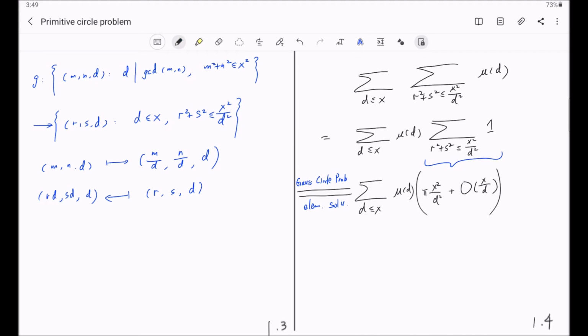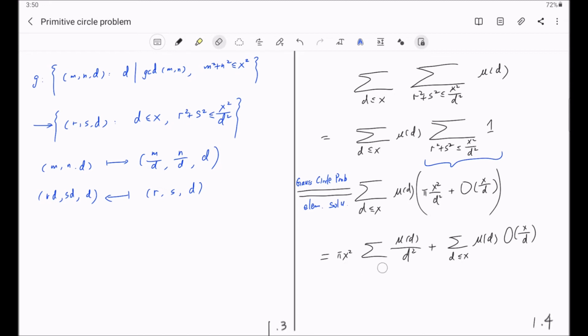The next thing we want to do is to separate this sum into two parts. The first part is pi x squared times the summation of mu of d divided by d squared, plus the second part, which is the sum of mu of d times the big O of x over d.